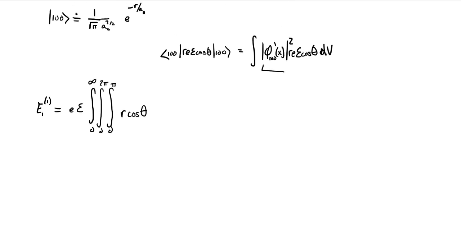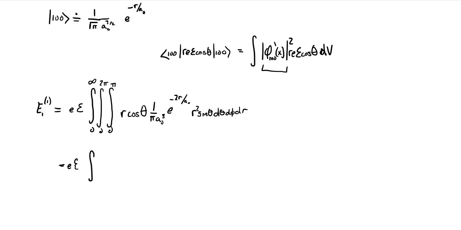The probability density is just the square of this. If we write that out, that is 1 over pi a naught cubed e to the negative 2r over a naught. The volume element in spherical coordinates is r squared sine theta, and then we have d theta, d phi, dr. Or we can split it up into separate integrals.